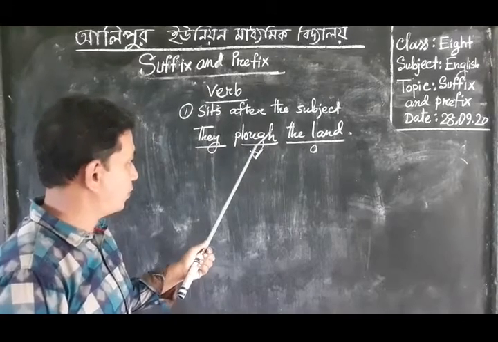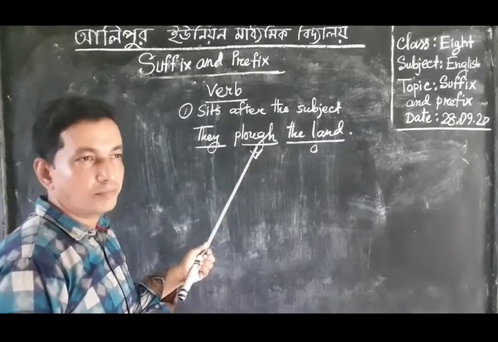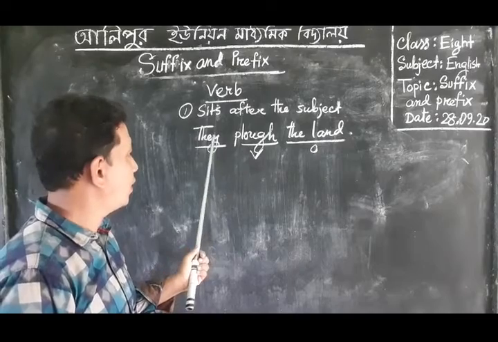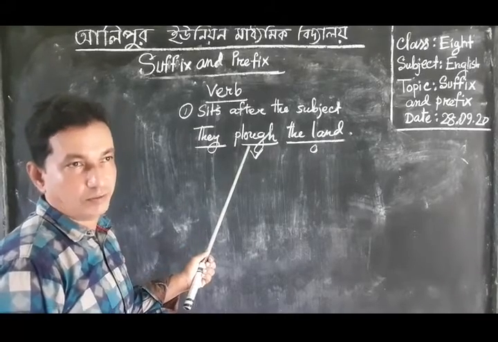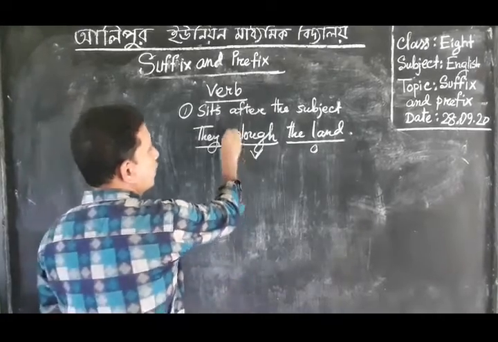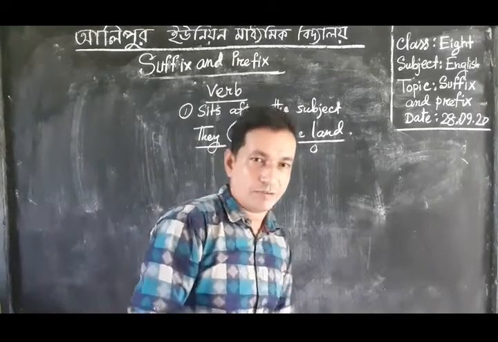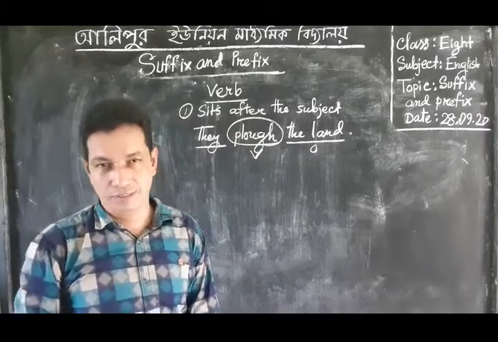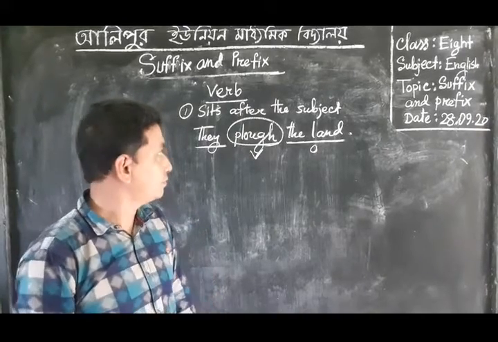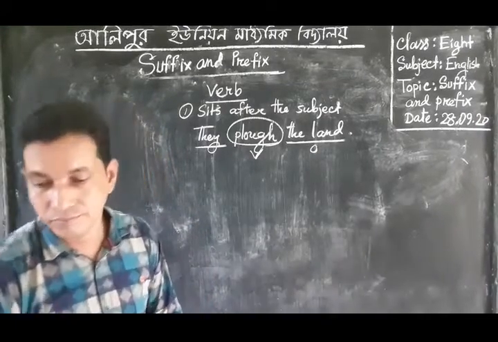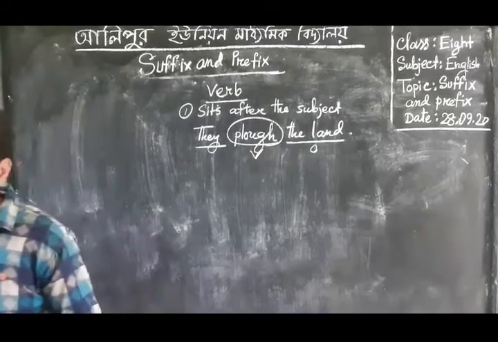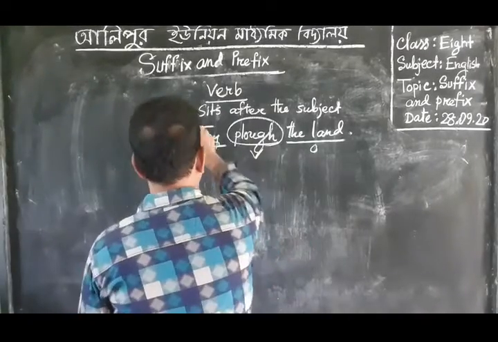After the subject, plow is a verb that sits after the subject. So generally, a verb sits after the subject in an assertive sentence. Okay, dear learners. And now our next part of speech is adverb.